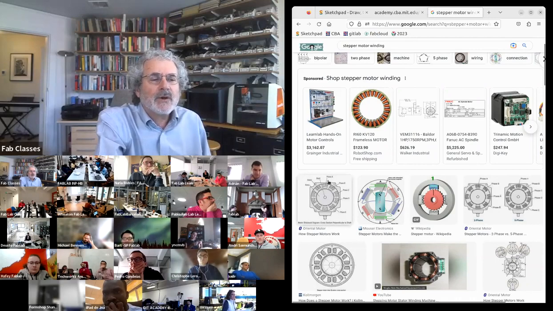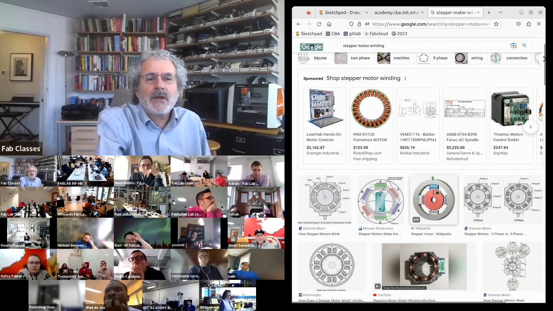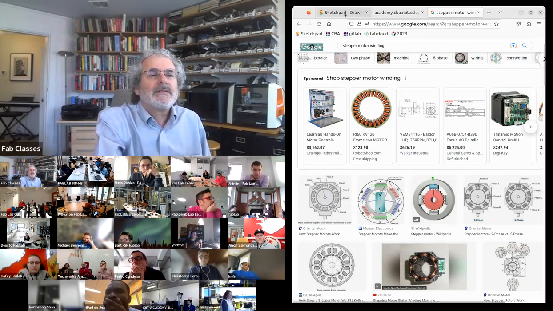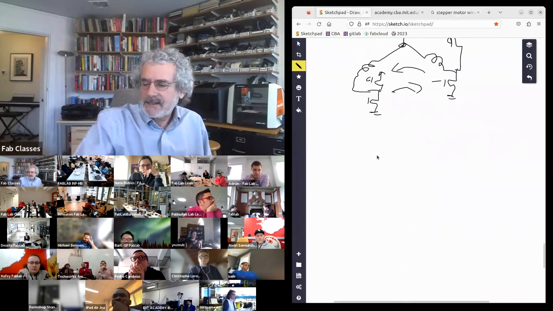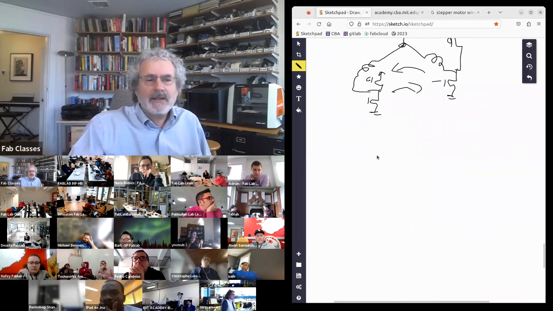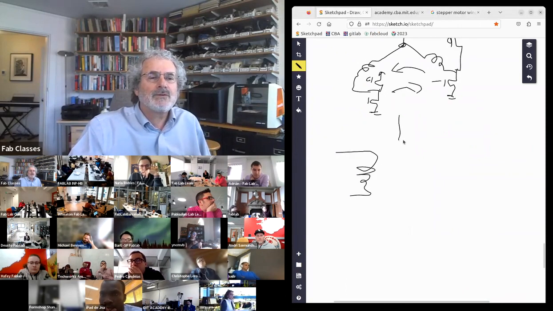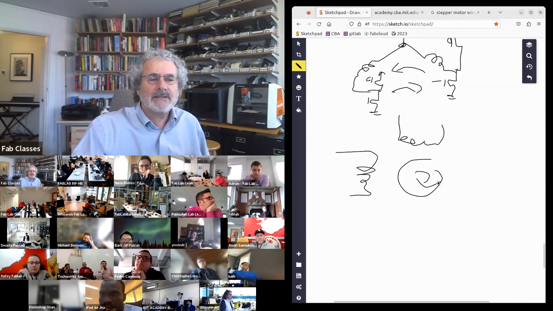The stator has coils wound, and then there's teeth going between them. And so what's going on here is electrically, the stepper just looks like two sets of coils. So driving it is two sets of coils, and the motor rotates.